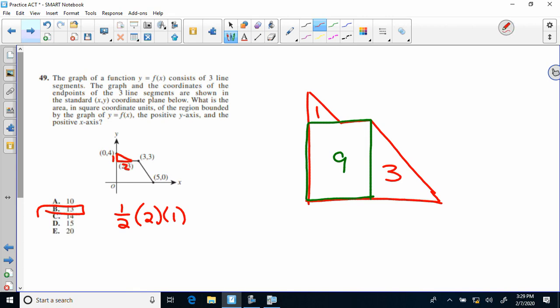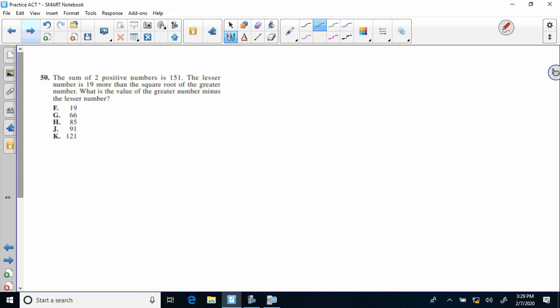Number 50. 10 to go. The sum of 2 positive numbers is 151. It said you have a lesser number and a greater number. The lesser number is 19 more than the square root of the greater number.